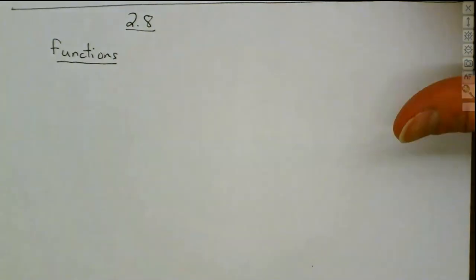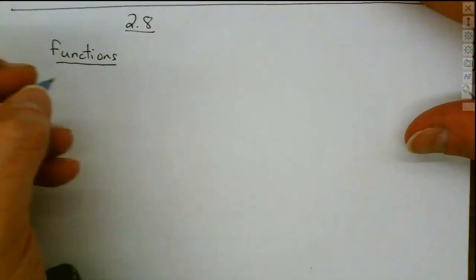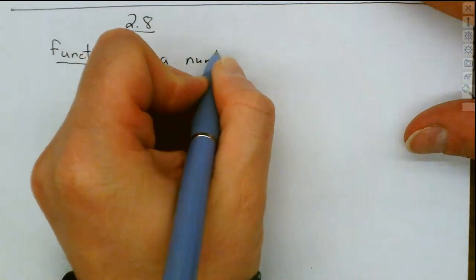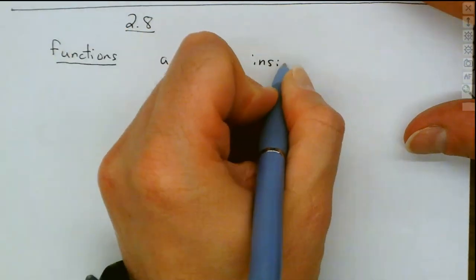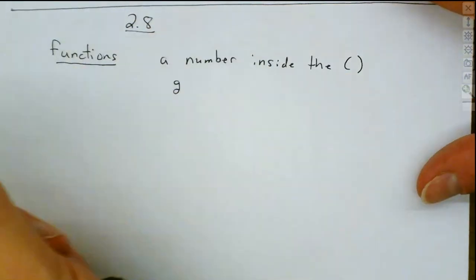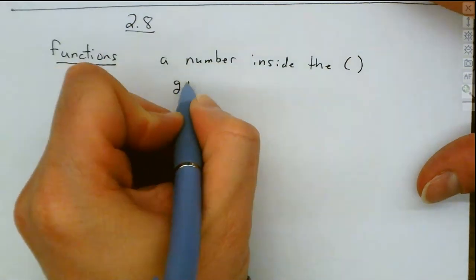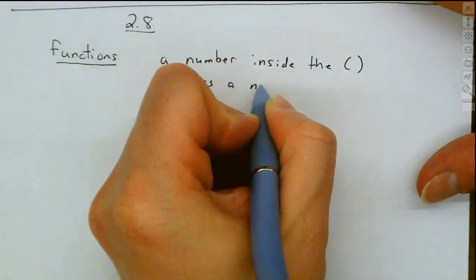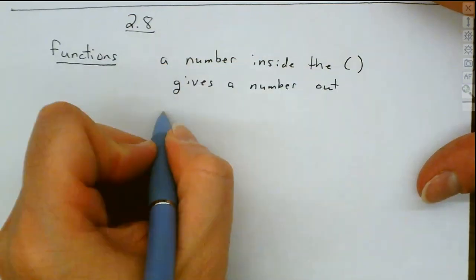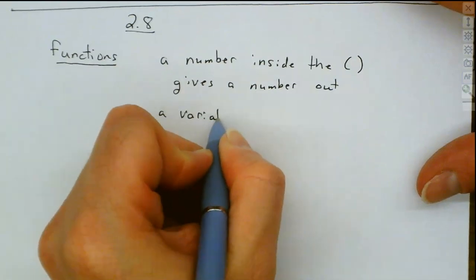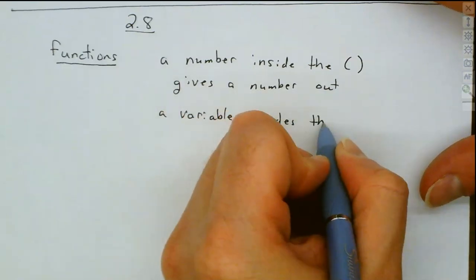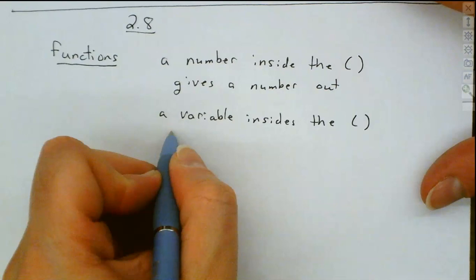Now, one thing we have to remember is if a number's inside the parentheses, you get a number out. So when you have a number inside the parentheses, it gives you a number out. Variable inside the parentheses gives you a variable out.